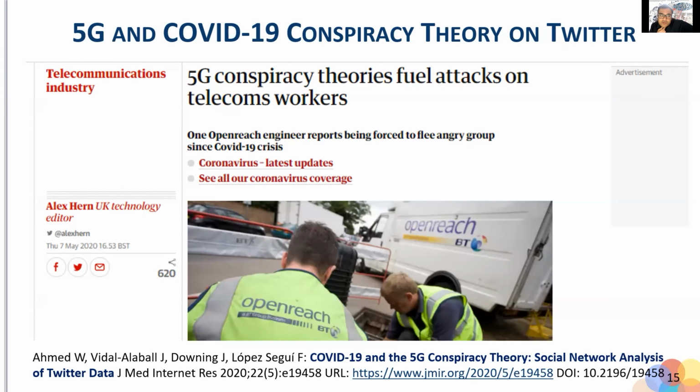In my own research, I've been using NodeXL to analyze misinformation and disinformation on social media, on Twitter and the likes. In one paper we published a couple of years ago, we were looking at the conspiracy that 5G was responsible for spreading COVID-19 and affecting people.